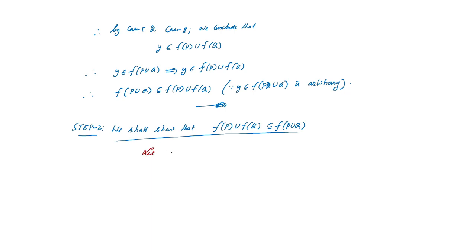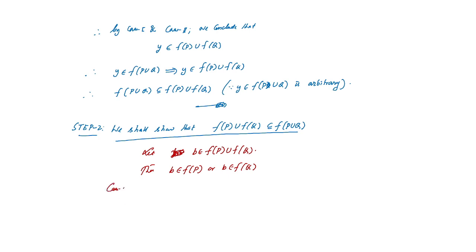So let us take b. Let b belong to f(P) union f(Q). Then what can we say? b belongs to f(P) or b belongs to f(Q).